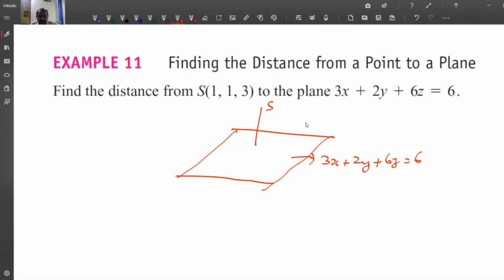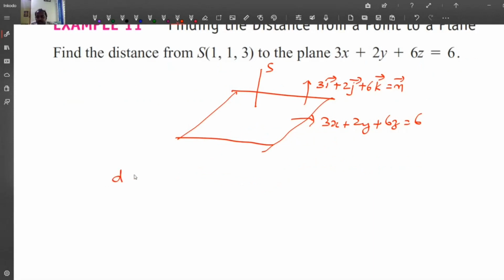So the vector perpendicular to the plane is 3i plus 2j plus 6k. So that is your n. We have distance d equal to modulus of PS dot n divided by modulus of n.